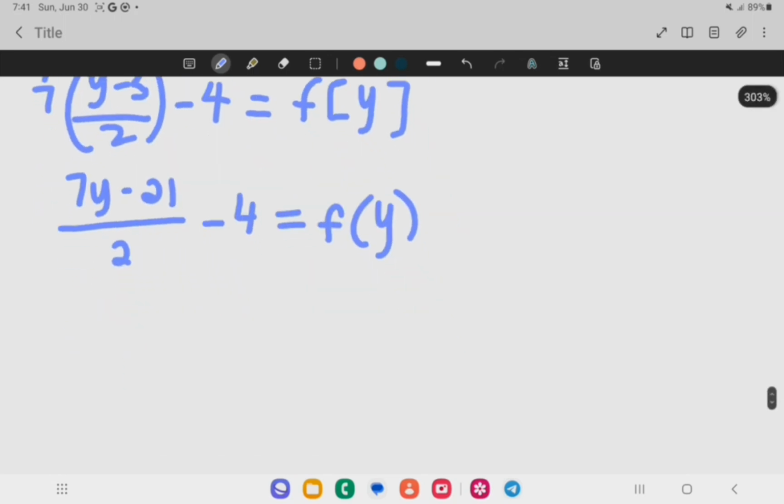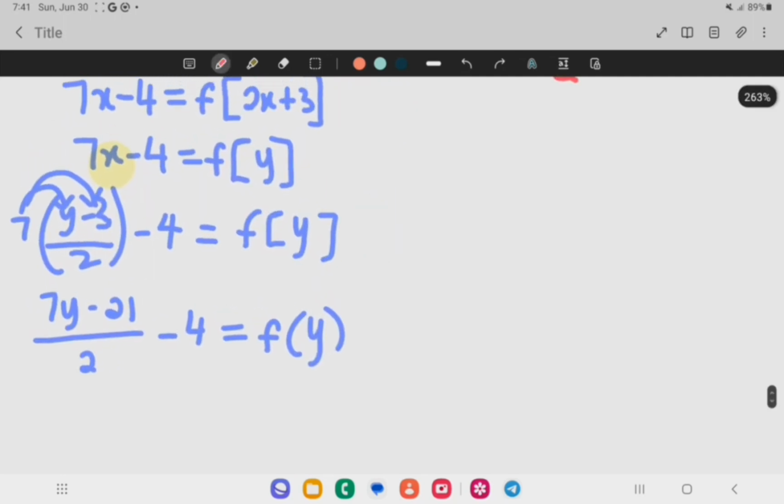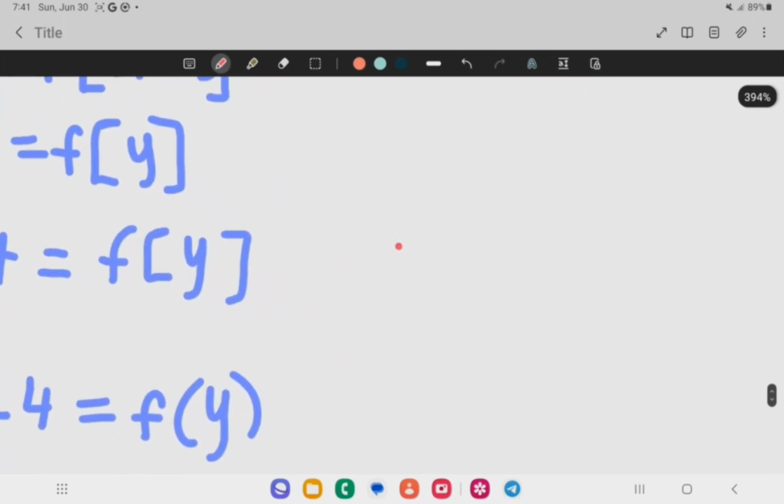This one also you must simplify. You cannot leave it like that. How to simplify a fraction and a non-fraction? You had better go back to your primary school concept. Whenever we have a fraction, for example 5 over 8 plus 7, how do we solve this in primary school?